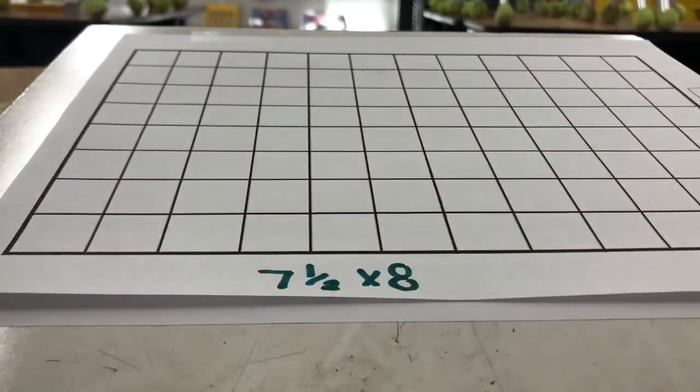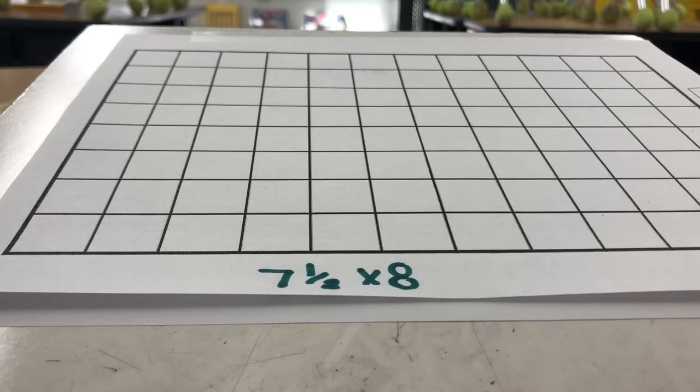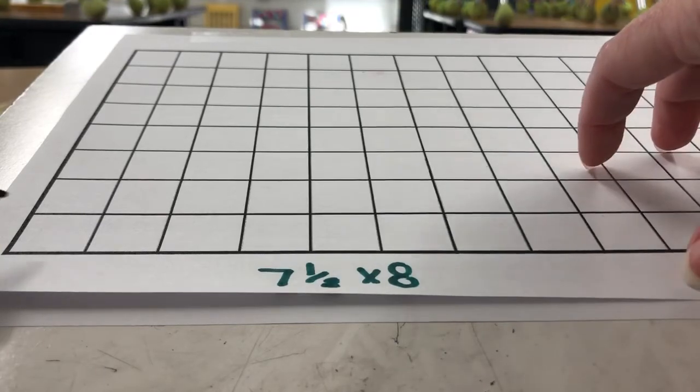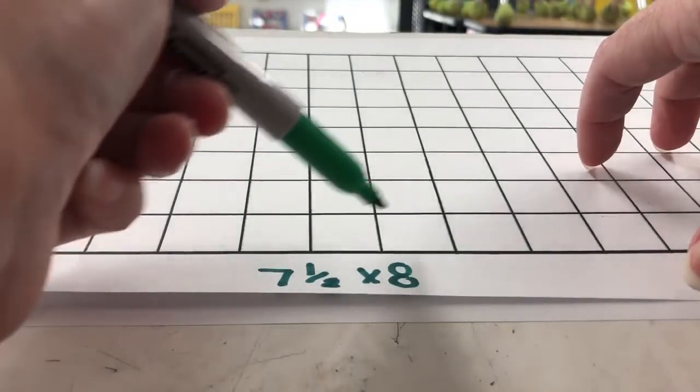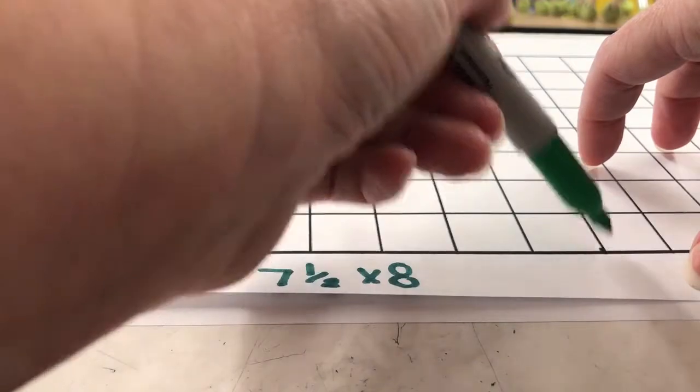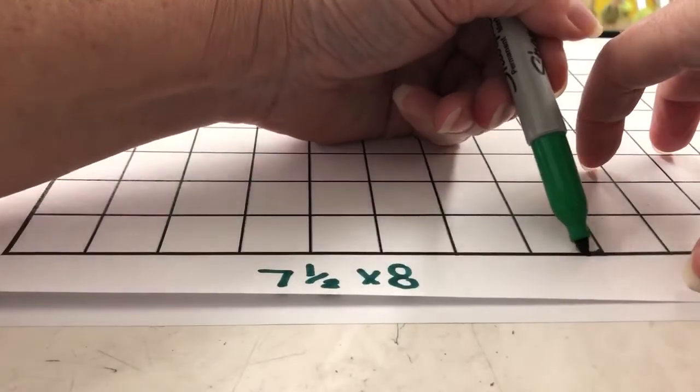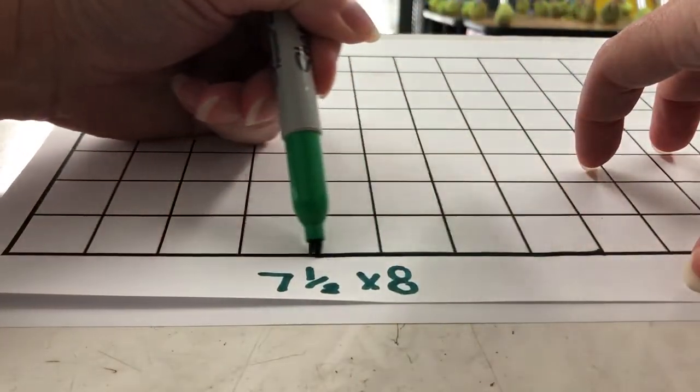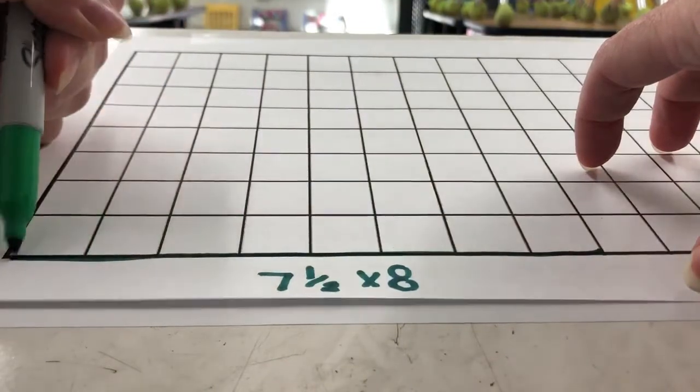So the first thing I'm going to do is the 8, because that's easier for me. I don't have to think about what to do with that half. I'm going to start over here and count 8 boxes. 1, 2, 3, 4, 5, 6, 7, 8 is right here. So I can make my box 8 long.